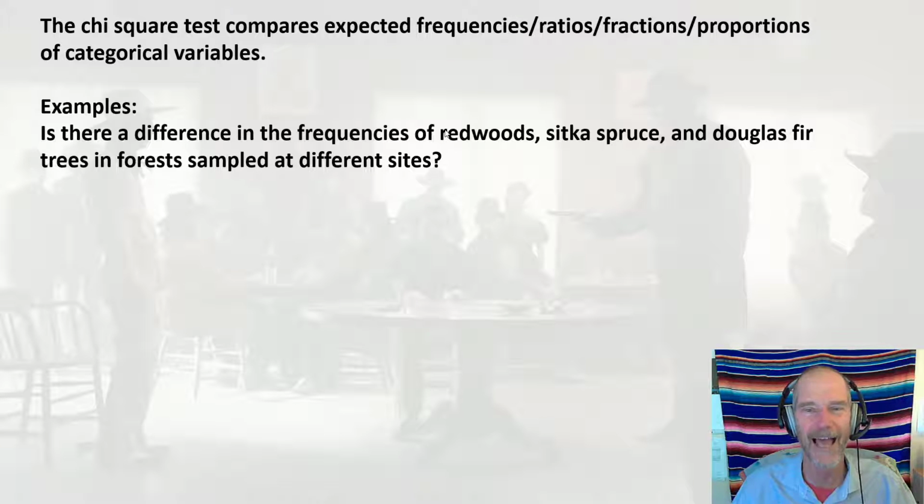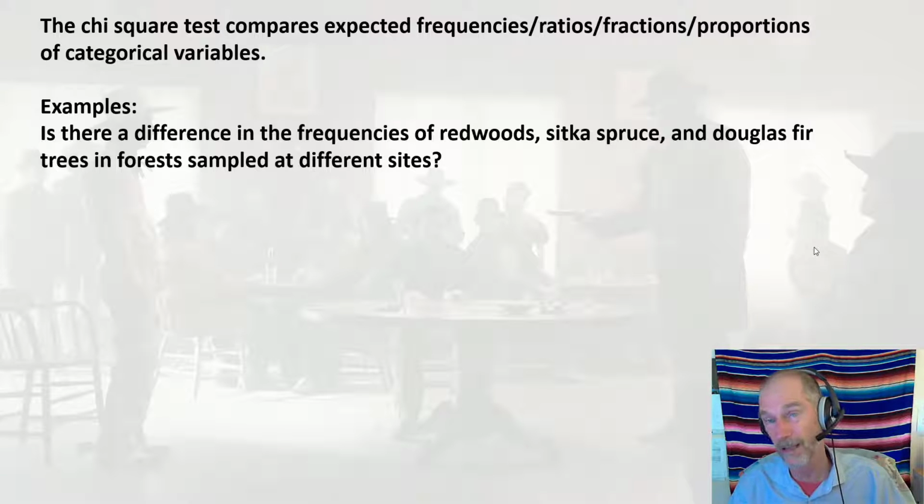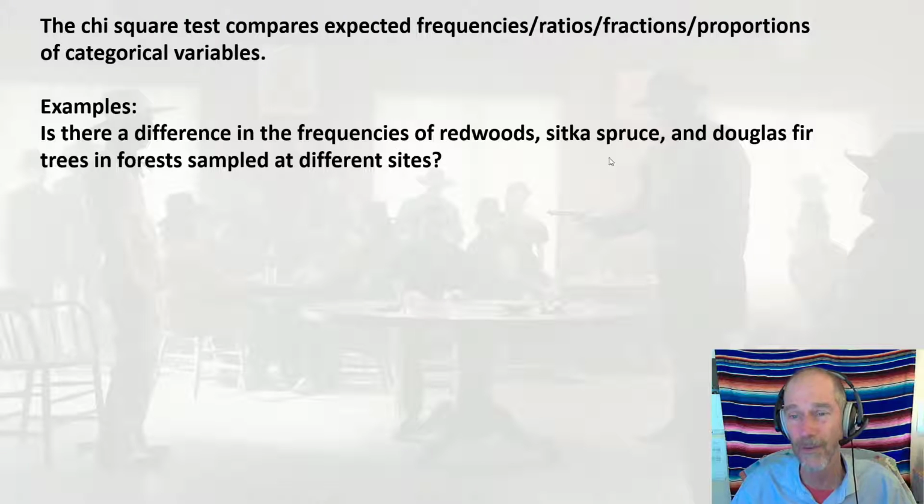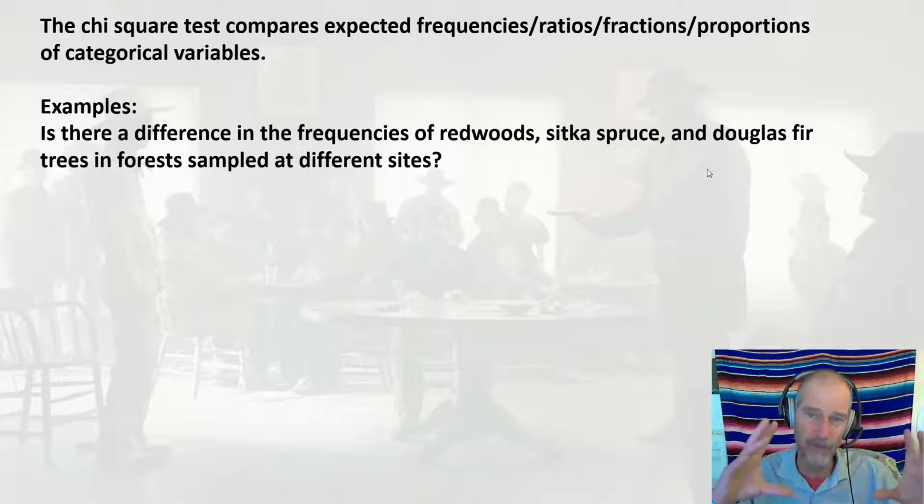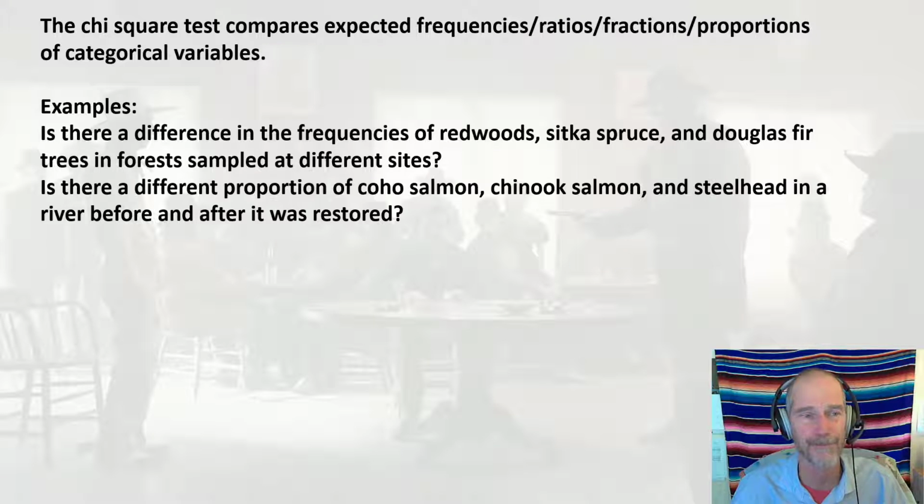These are categorical variables that I'm trying to compare: redwood, Sitka spruce, and Doug fir. And I can figure out the frequency of them in forest A and forest B. I wouldn't want to compare the average number of redwoods in one forest to the average number of redwoods in another forest. I mean, I could, but that's a different question. I'm just looking at, are its proportions of trees similar between forests? I'd use a chi-square test.